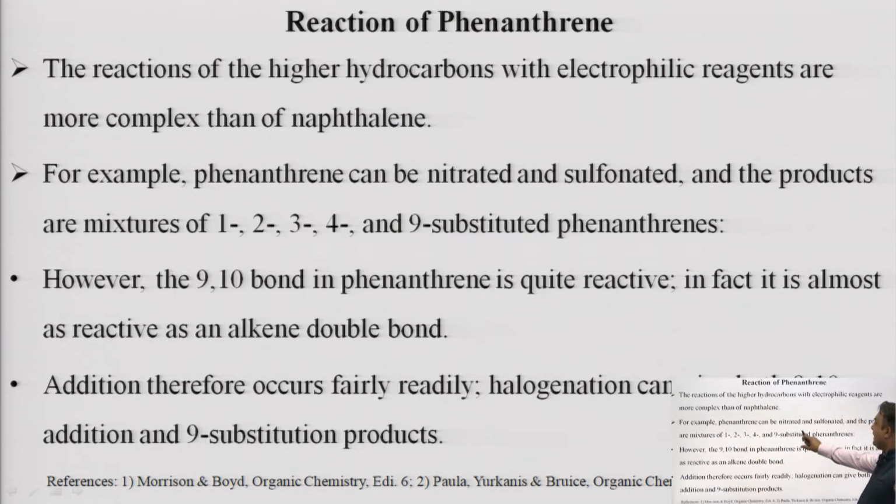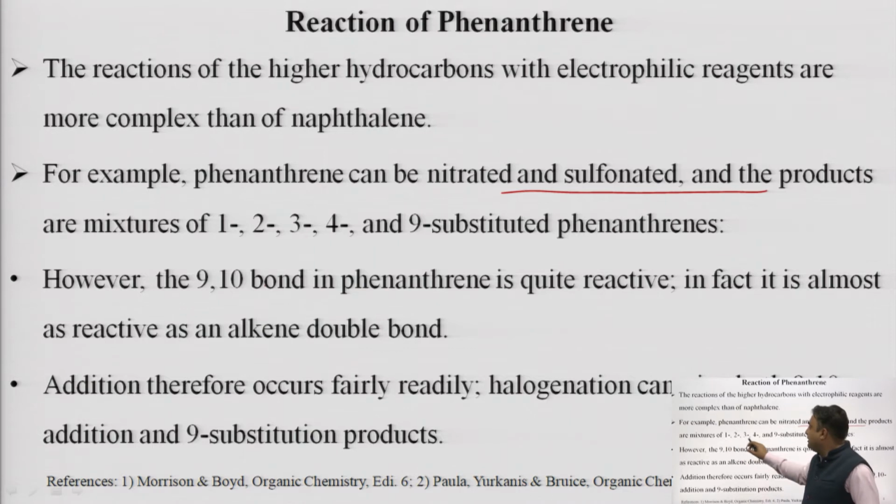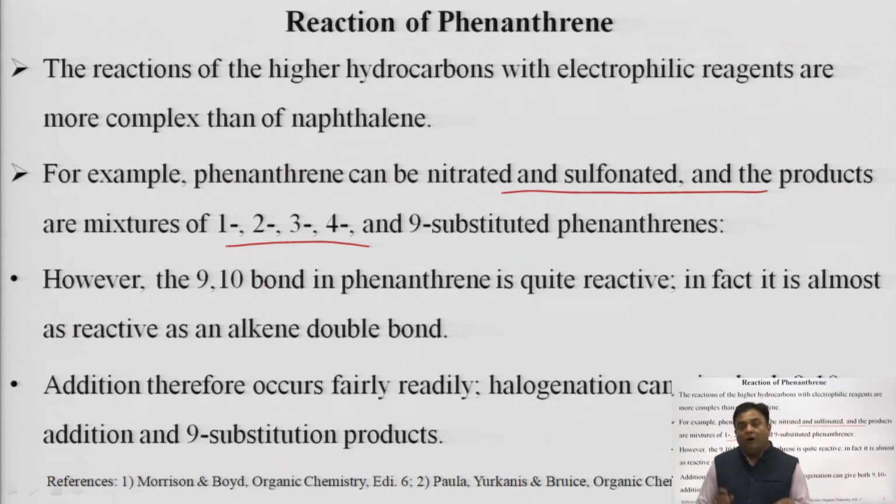For example, phenanthrene can be nitrated and sulfonated, and the product is a mixture of 1, 2, 3, 4 and 9 substituted phenanthrene. So substitution can be possible on all types of carbon, all 5 types of carbons in phenanthrene.